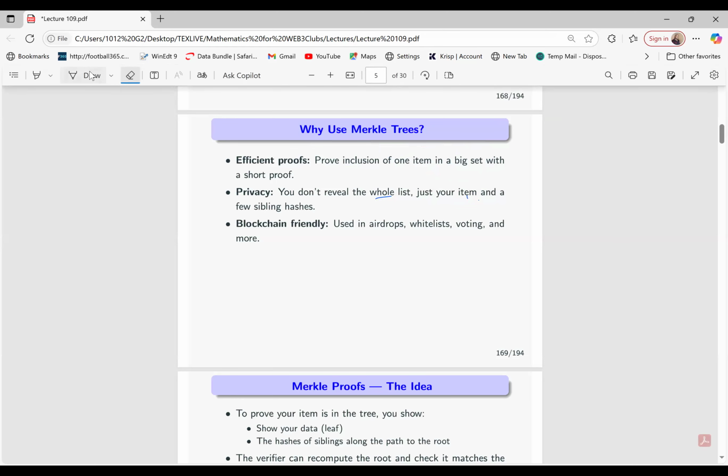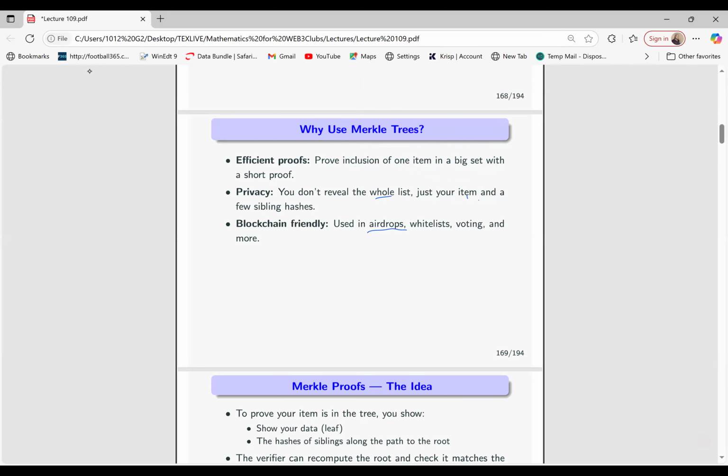Well, it's also blockchain friendly, and that is why it's used in airdrops, whitelists, voting, and many other things that require privacy. This is just a few: airdrops, whitelists, voting, and so on.